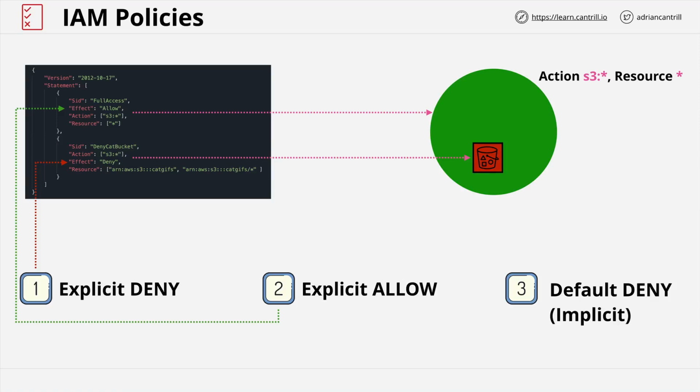It's the same rule if one statement applies or 10. If one policy document applies or 10, it doesn't matter. If there are no allows which apply to a specific action on a particular resource, then you have no access. If there is an explicit allow, then you do have access unless there is an explicit deny. If you have an explicit deny on anything, that always wins. So the rule is deny, allow, deny.